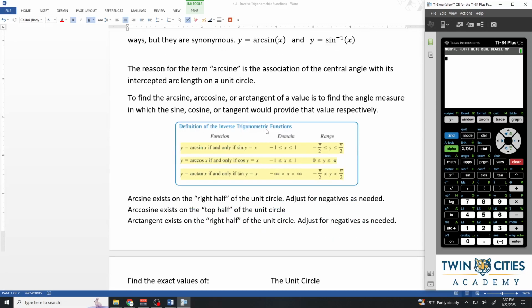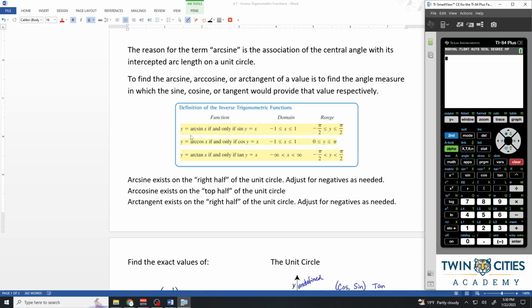Okay, so let's look at the definitions here. Y equals arcsine, same as sine inverse, of x if and only if sine of y equals x; arccosine of x if and only if cosine of y equals x; arctangent of x, and again these are sine inverse, cosine inverse, tangent inverse, if and only if tangent of y equals x. So I've got some restrictions.